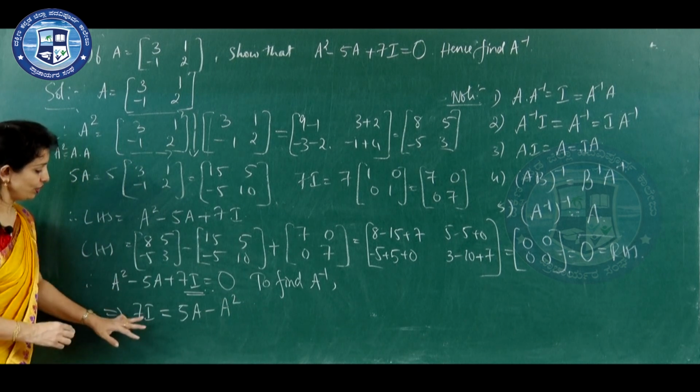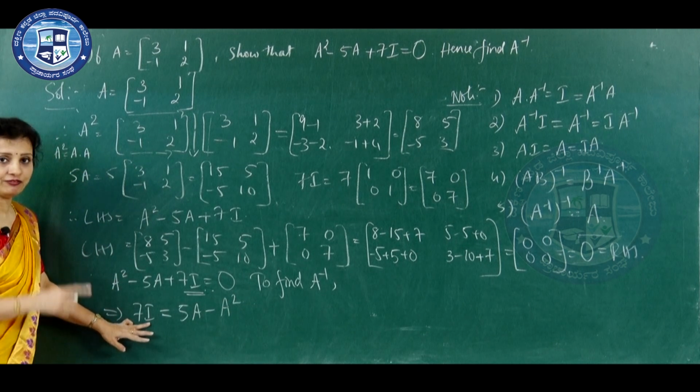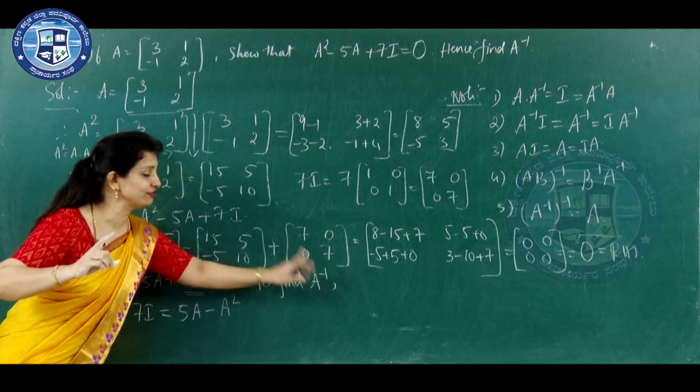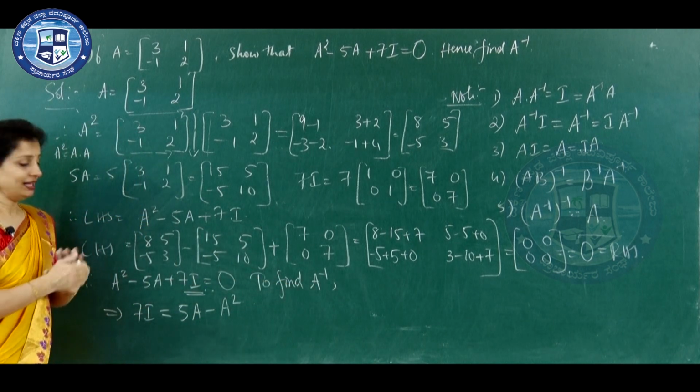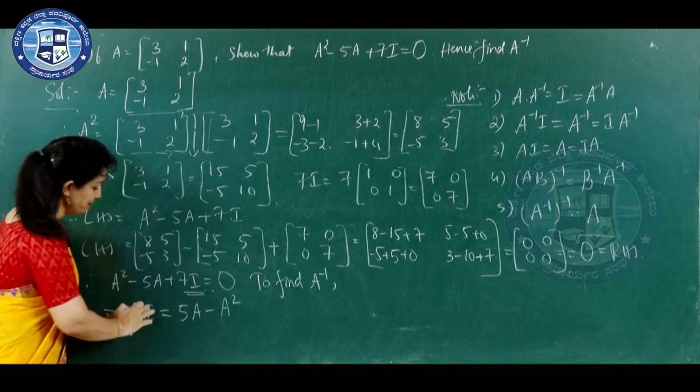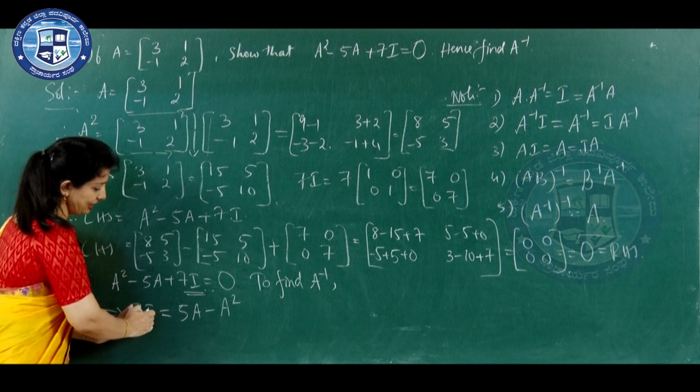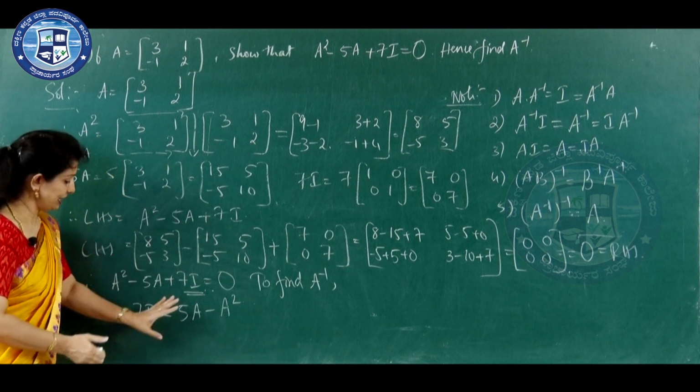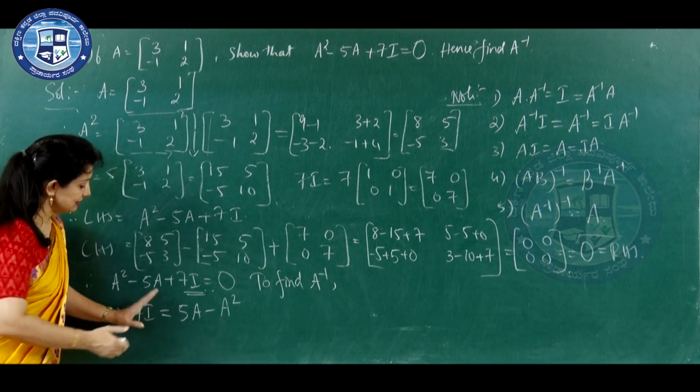Now we have to convert this I into the form of A inverse. We want to find A inverse, and A inverse can be multiplied on both sides of the equation.